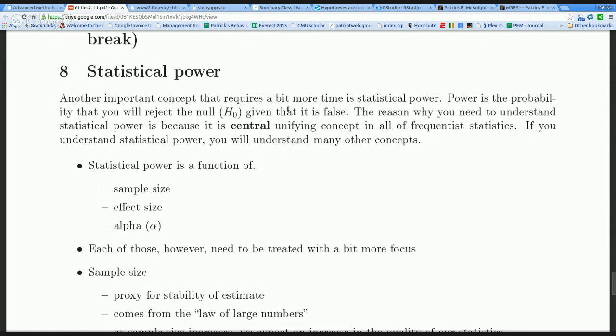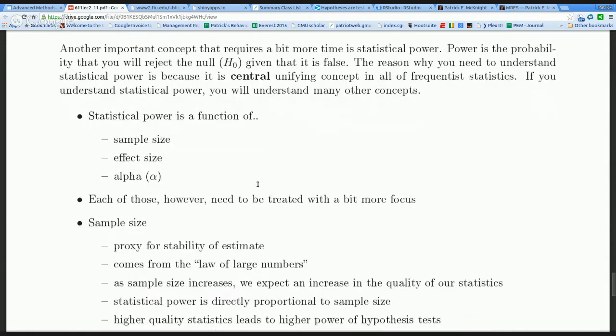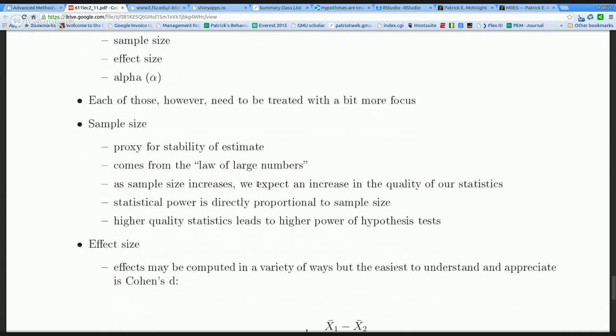First, statistical power is a function of 3 things, but it turns out that it's more complicated than just these 3. The first thing is sample size. Sample size is really a proxy for the stability of our estimate.